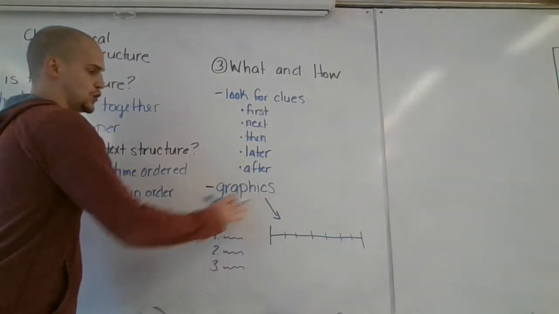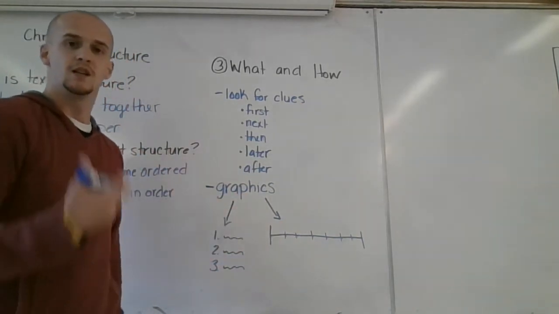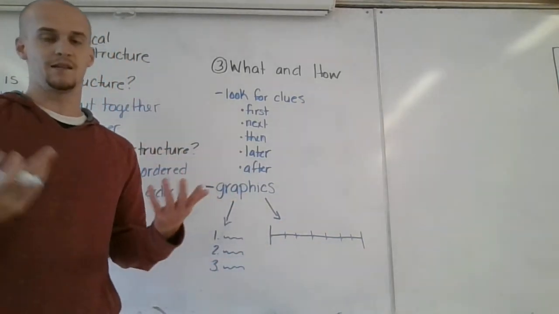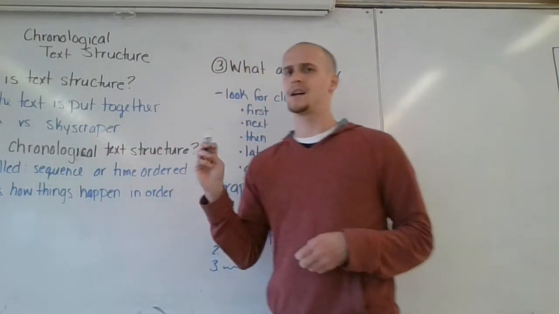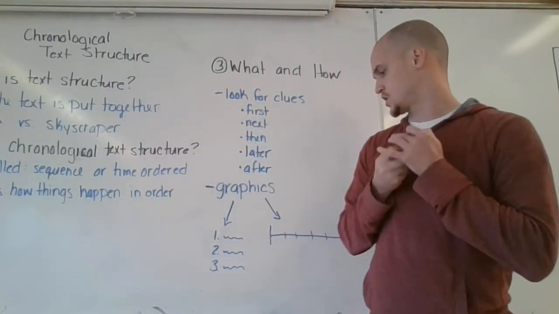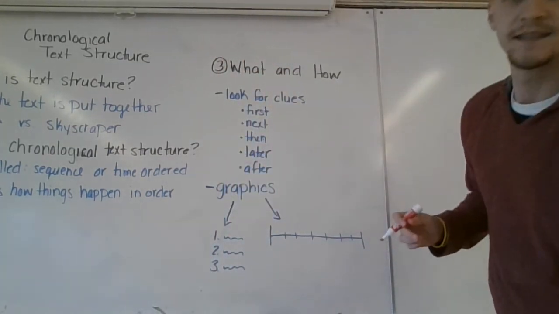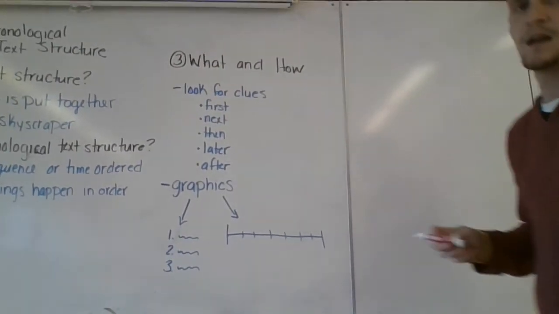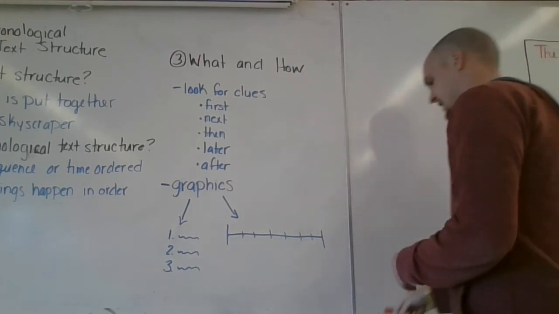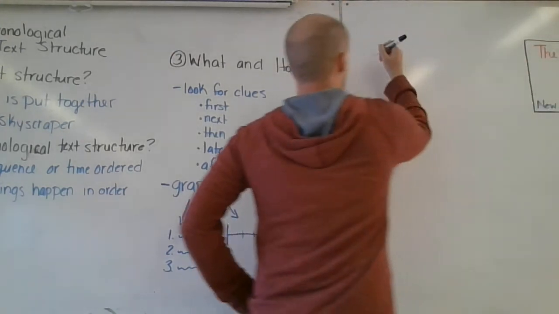These are two different graphics that you can use to analyze a chronological text structure. And I'm going to put some examples of text that is written in this structure.